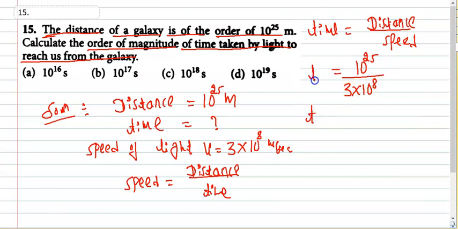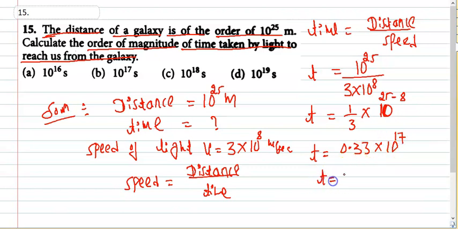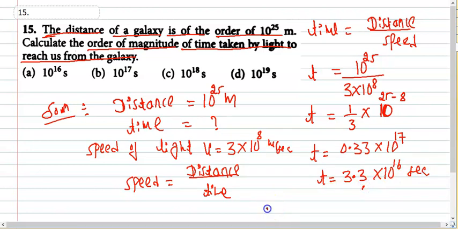So time is 1 by 3 into 10 to the power of 25 minus 8, that is 0.33 into 10 to the power of 17, so t is 3.3 into 10 to the power of 16 seconds. So the order of the time is 10 to the power of 16 seconds.